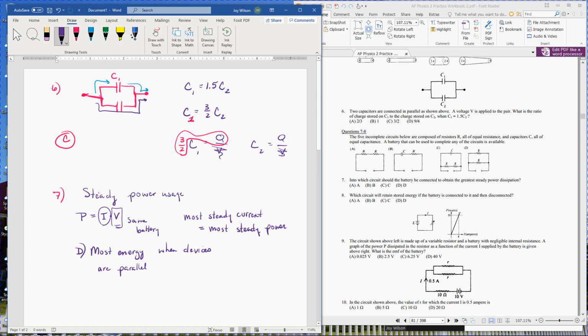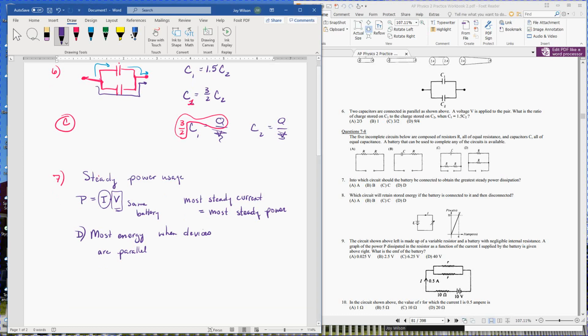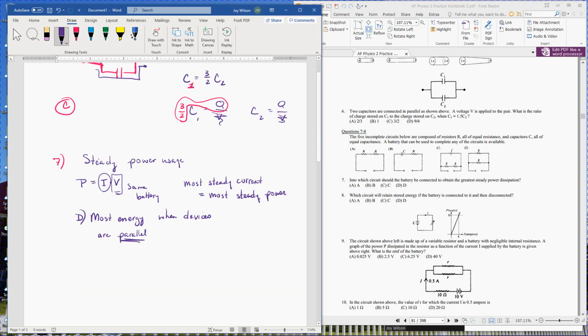And so the battery gets dissipated really rapidly, because in D you're having to power 2 separate circuits, where in A, you're powering one circuit that has the smallest current possible. So that's the trick there. Power dissipation, we want things in parallel.